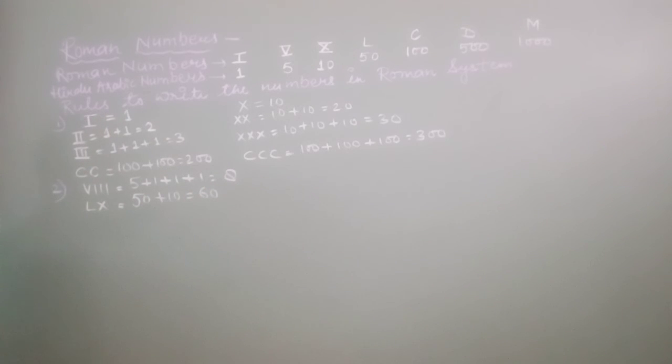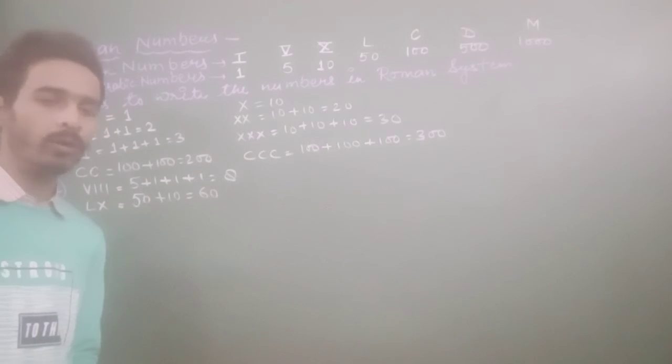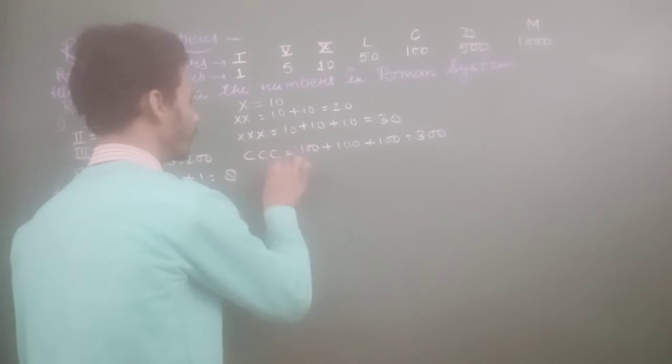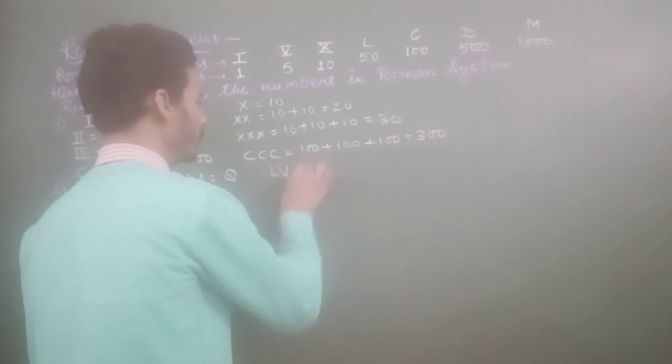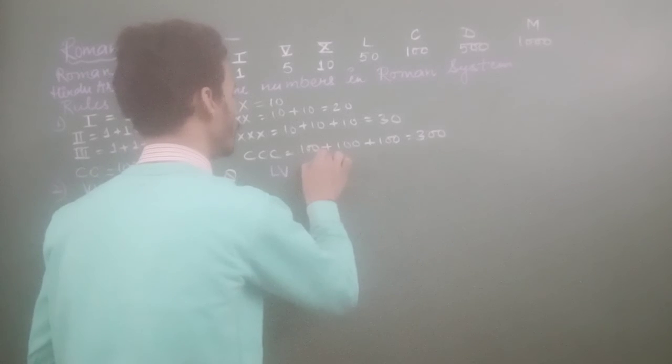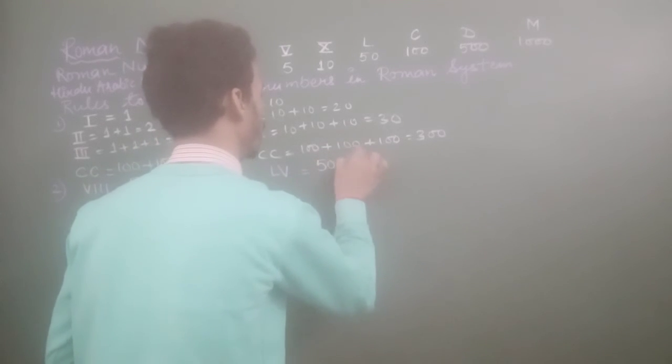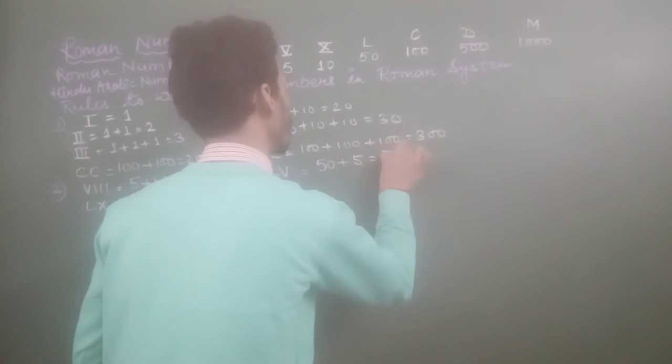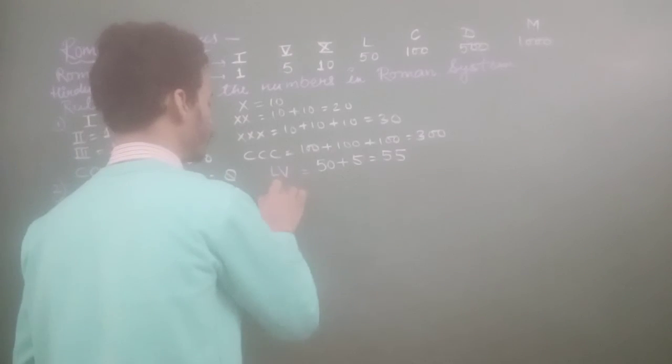And if LV is written, L is 50, V is the smaller value, so 50 plus 5 is 55. It means addition.